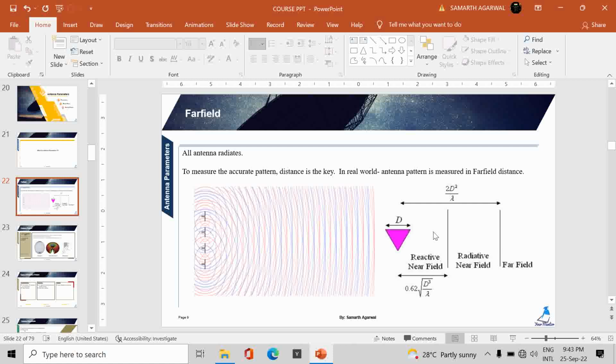That's why we are not able to measure the parameters at such distances. At some distances the fields may get deteriorated, so in that place the far field region is the distance at which we can measure.